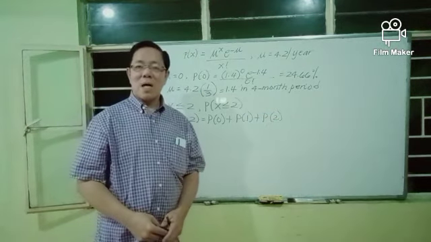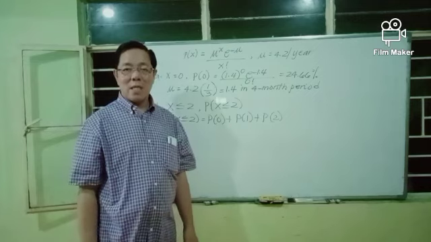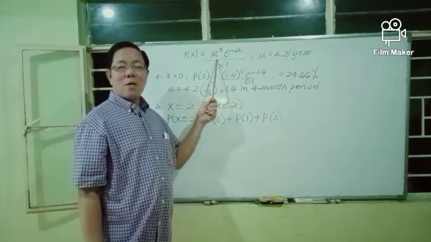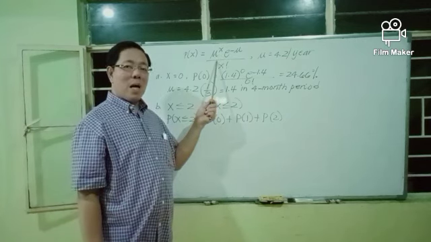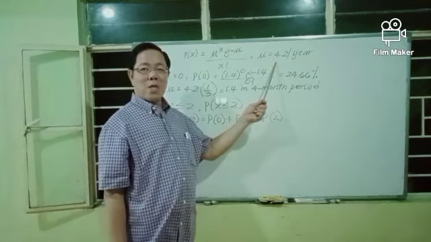Because in letter B, we are asked to find the probability that no more than 2 power outages occur in a year, for the value of the average mu, or the expected number of power outages in a year, we use mu equals 4.2.